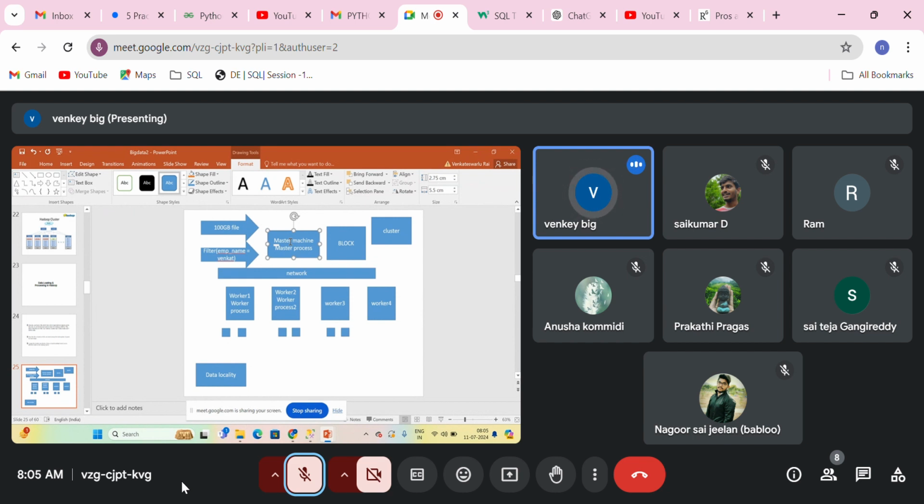If you revise today's and the day before yesterday's session, you will come to know why we are going there. Definitely we will kickstart our GCP sessions from tomorrow. Today I just wanted to introduce the distributed process to you.